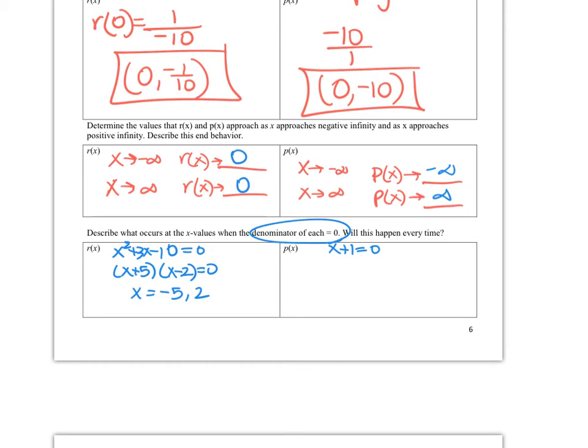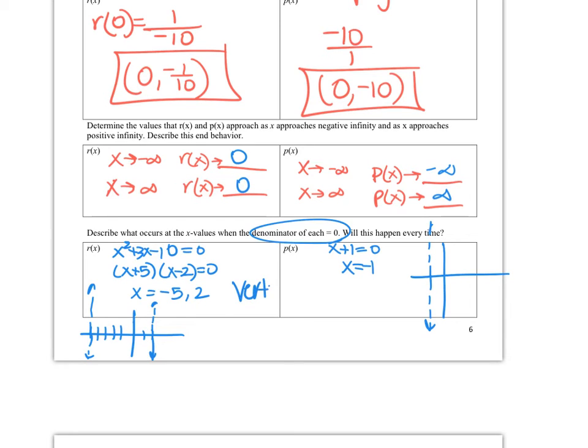So notice what's happening here. If you go look at your graph, that's where you have the vertical asymptotes. And the reason you have vertical asymptotes there is because we can't divide by 0. Same thing for p of x. If you solve this, you have a vertical asymptote at -1.